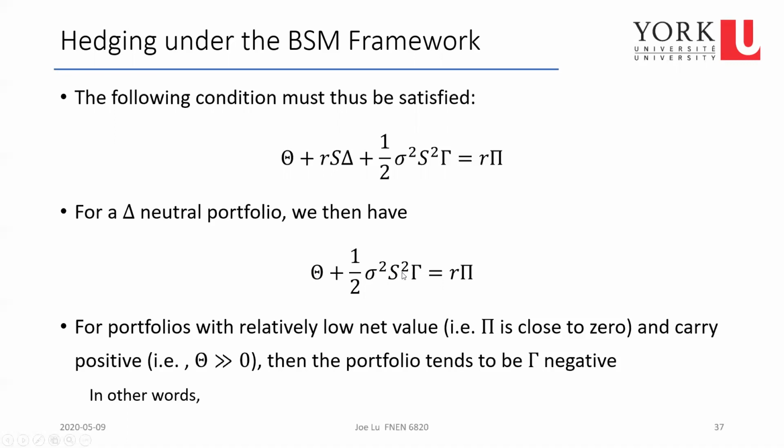And if this is positive and large, this value will probably be negative. So we mentioned that a negative theta is not really good because that means you cannot afford to wait very long. And at the same time, a negative gamma is not good for the portfolio as well.